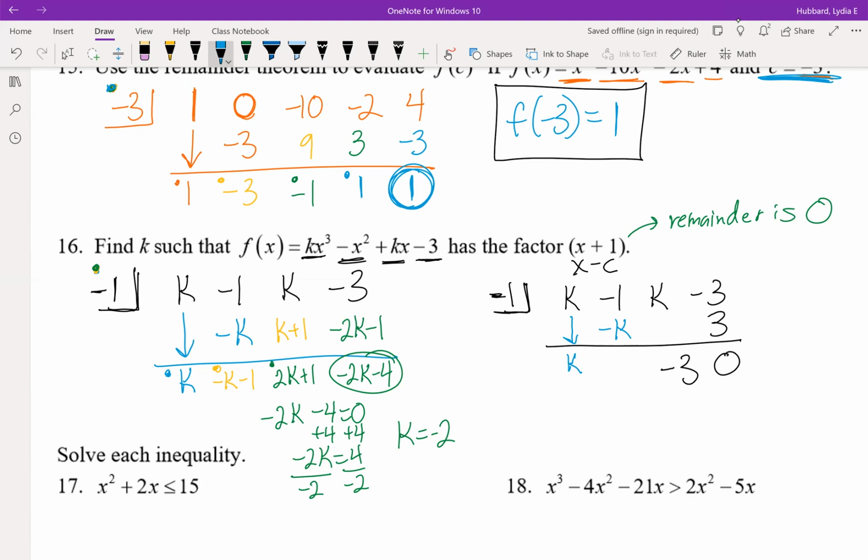And then negative k plus a -1, this would be negative k minus 1, sorry. And again, this would be a positive k plus 1. So that means that 2k plus 1 has to equal a -3. So we'd subtract 1 from both sides. We'd get that 2k equals -4. Divide both sides by 2 to get that k equals -2.